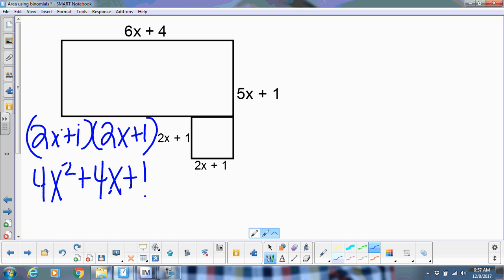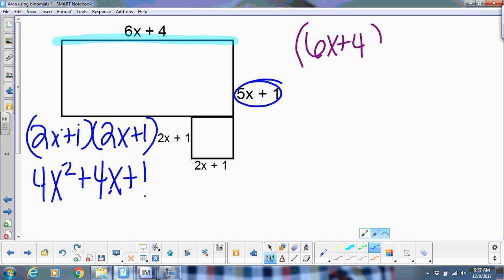All right, now, here's what happened on the other part. She has the 6x plus 4. She knows she's going to need that. To get the other side, she took, pay attention, 5x plus 1 and subtracted 2x plus 1. Well, what is 5x minus 2x? 3x.